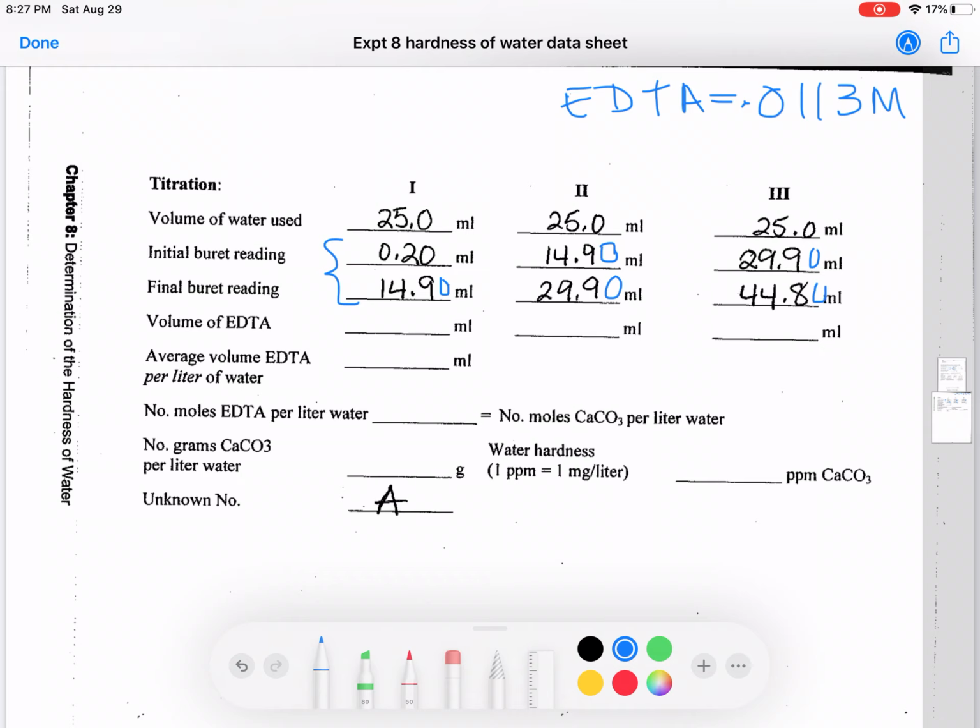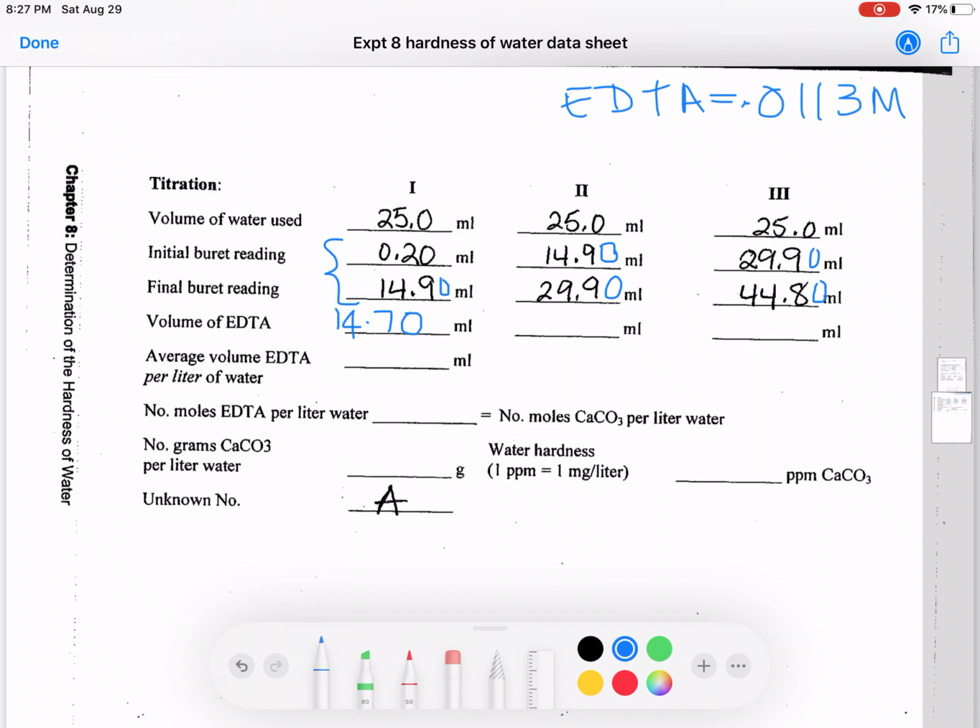Now you subtract these numbers. 14.90 minus 14.20. What's that going to be when you subtract? That would be, what is it? 15? No. It's 14.70. That's correct. Hey, you need to do these calculations, I may be doing things wrong.